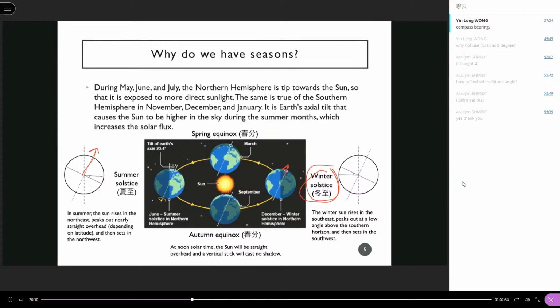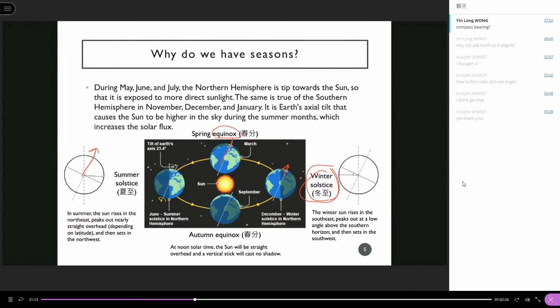And for spring, around March 21st, it will be the spring equinox. And around 21st of September, it is called the autumn equinox. The name equinox is like equal, right?